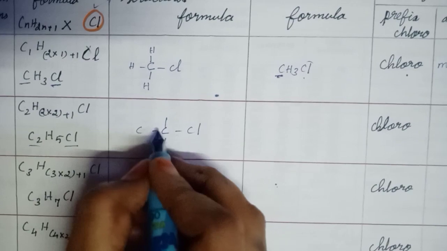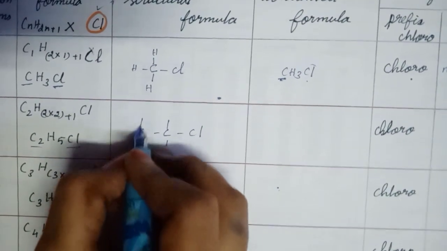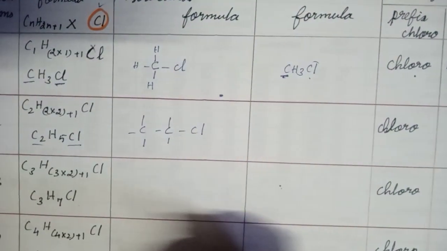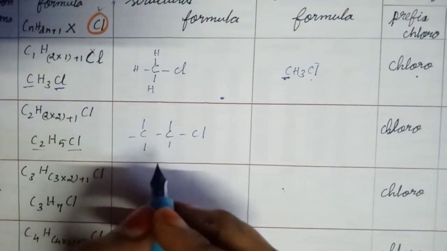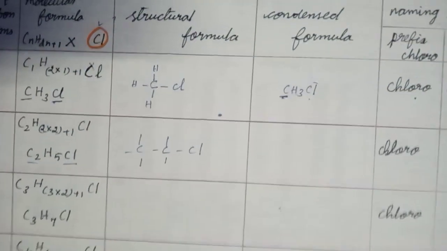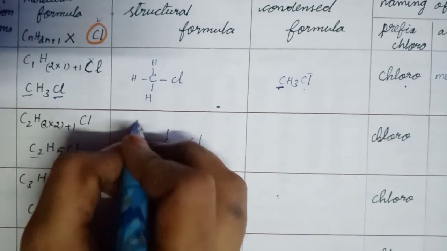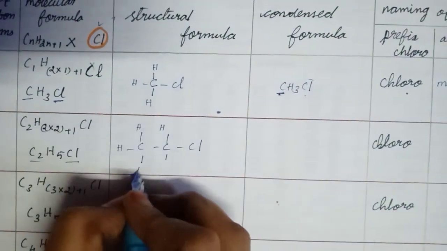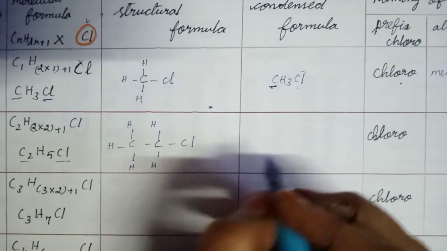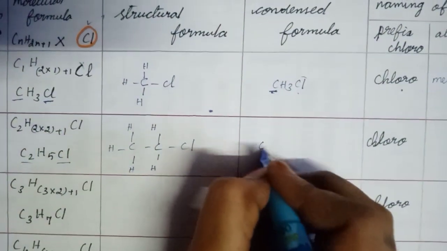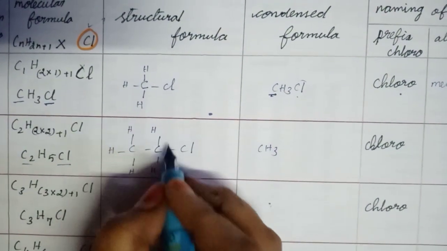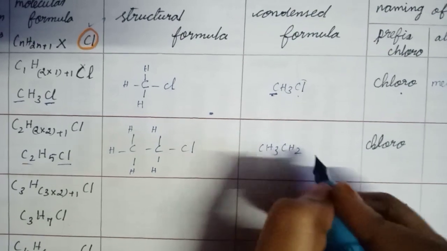This carbon is connected by only 1 bond, and for satisfying tetravalency it needs more. Framework completed. This is the place for hydrogen. Here I add the hydrogens. Now the condensed formula is CH3CH2Cl.